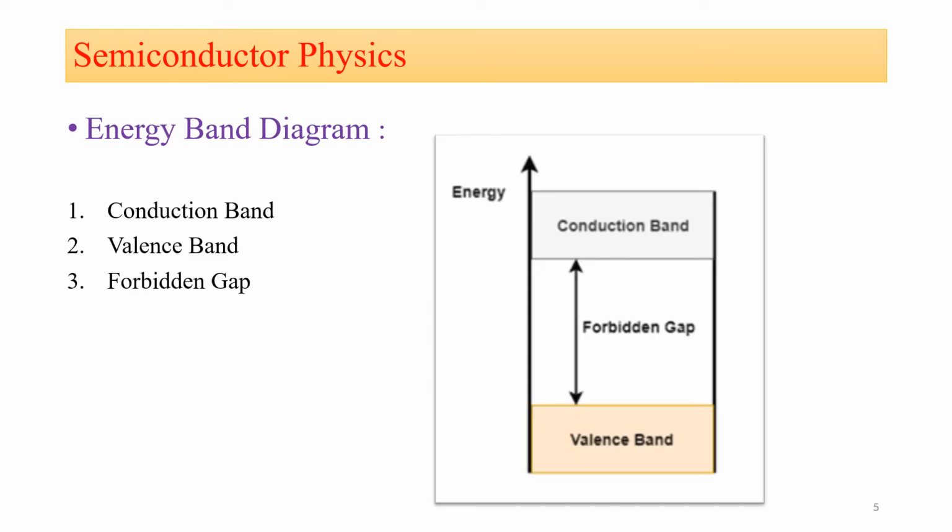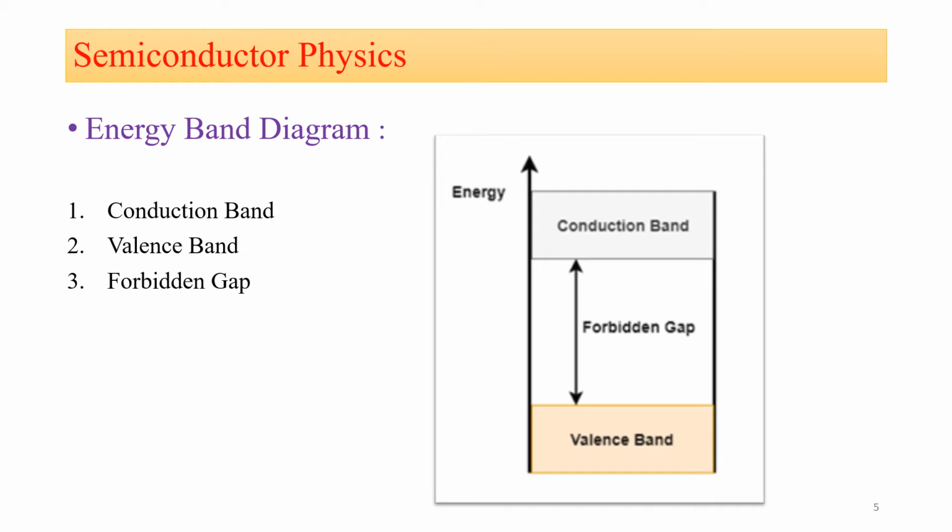Now let's see the energy band diagram. The picture shows the energy band diagram. Basically this energy band diagram consists of two bands. First one is your conduction band, second one is your valence band, and the gap between your conduction band and valence band is nothing but what? Forbidden gap. Now what is the conduction band? The conduction band possesses the free electrons, meaning free electrons are present in the conduction band.